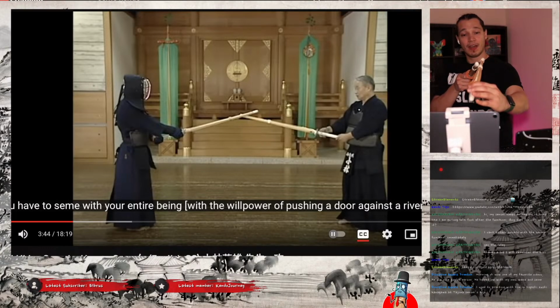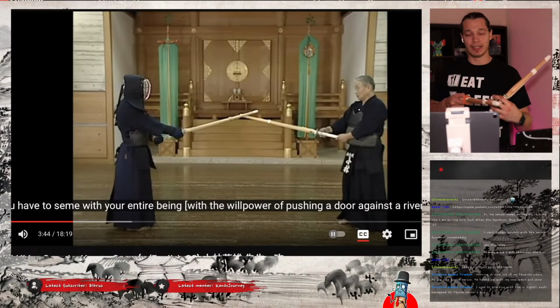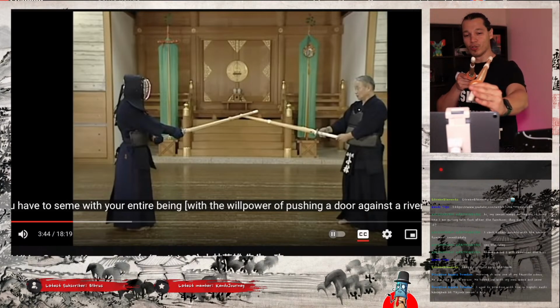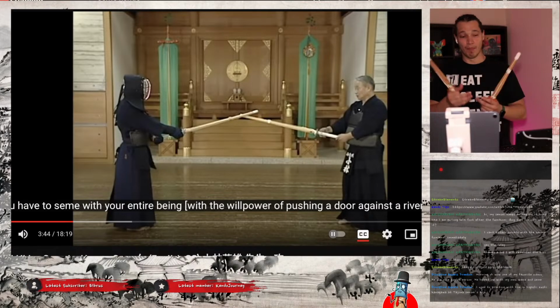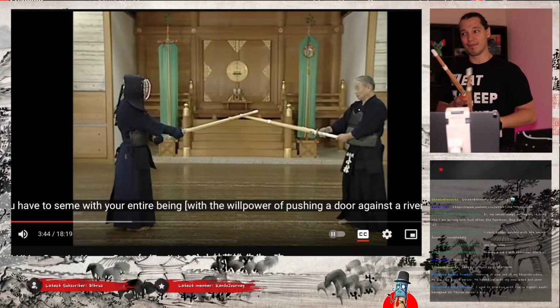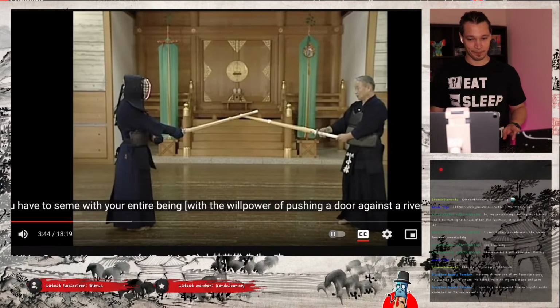So they feel safe. This is another way where you can start thinking about using your sword to create pressure, right? Not only your body. You have to learn to work with both to be able to get that reaction from your opponent.